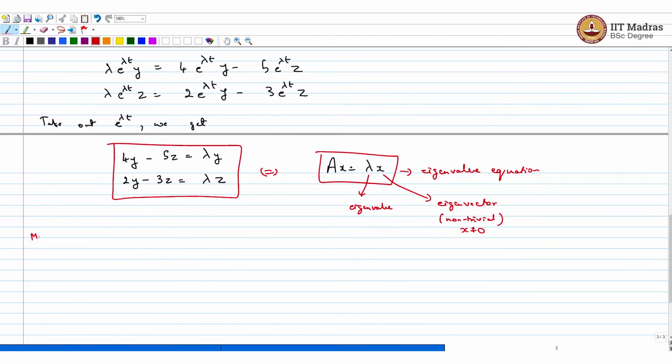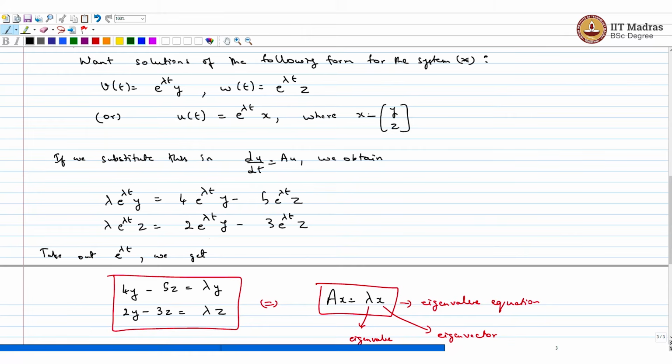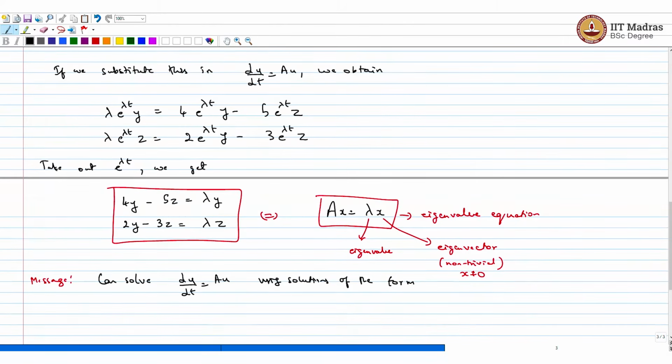So, the message is, I can solve du by dt equals Au using solutions of the form, whatever I had here, e power minus lambda t x, if Ax equals lambda x can be solved.